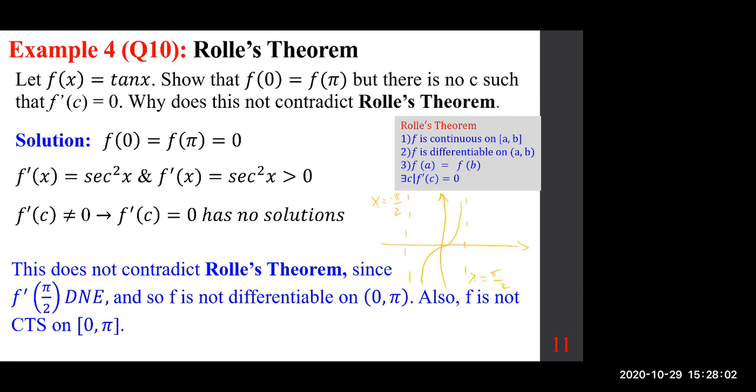The fact that it is not continuous from 0 to pi, because if you continue, by the way, this is one complete cycle. If you go to the next cycle, it looks like this. Okay. So it's not continuous from 0 to pi. That's why. You don't even have to go with the rest of it. So it doesn't contradict the Rolle's theorem. All right.